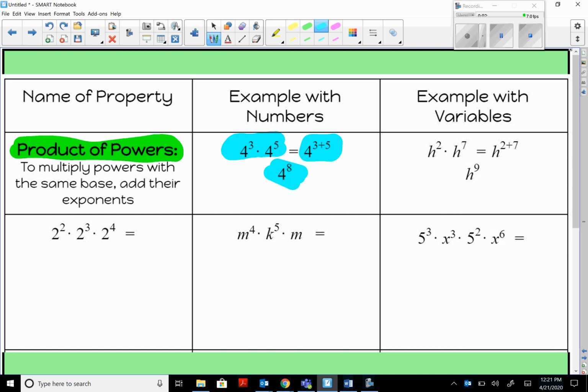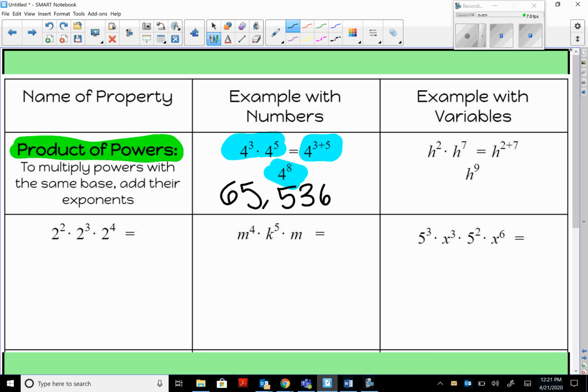But in this case, 4 to the 8th power, I'm using my calculator right now. 4 to the power of 8 is 65,536. So again, if you have access to a calculator, go ahead and evaluate it. And now my stylus is not working again. Darn. 65,536.